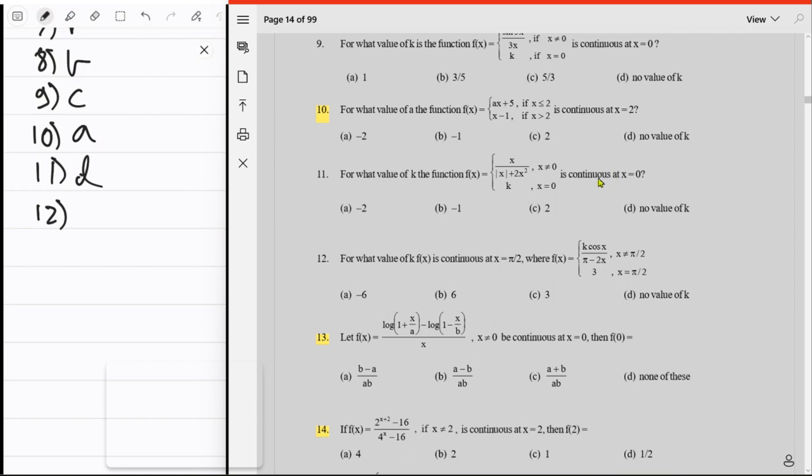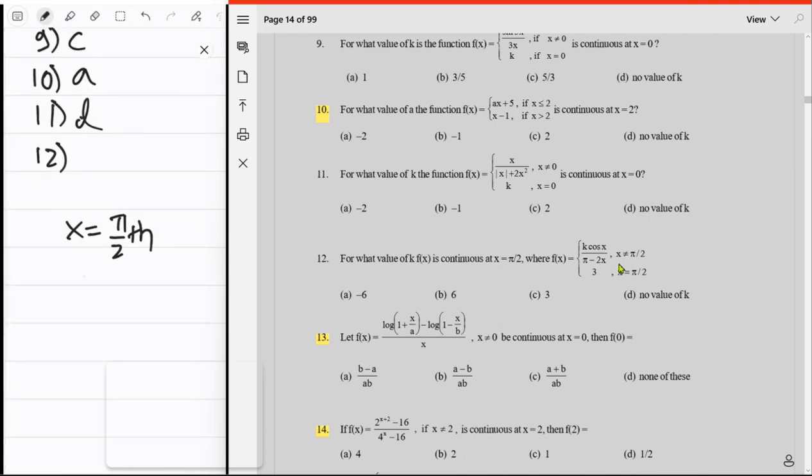12th. For what value of k is f of x continuous at x equal to pi upon 2? So it's 3, and this should also approach 3, I assume. So just put x equal to pi upon 2 plus h. K cosine of pi upon 2 plus h, that's like k times negative sine of h, and then that upon pi minus 2x, which is just negative 2h, right?